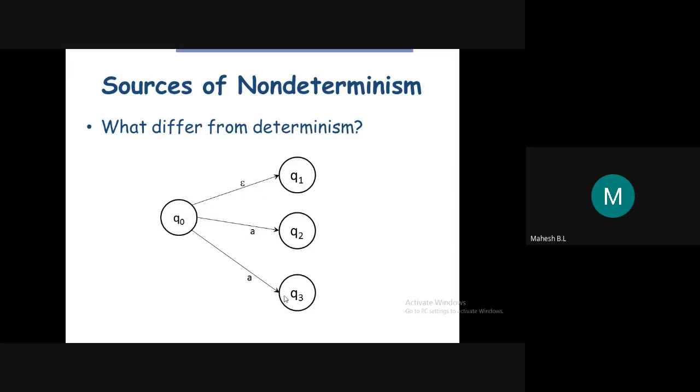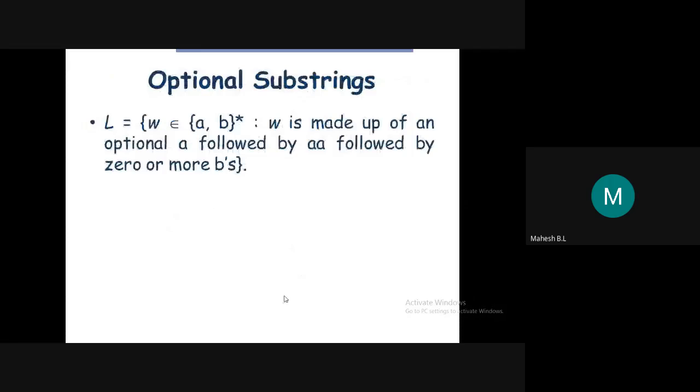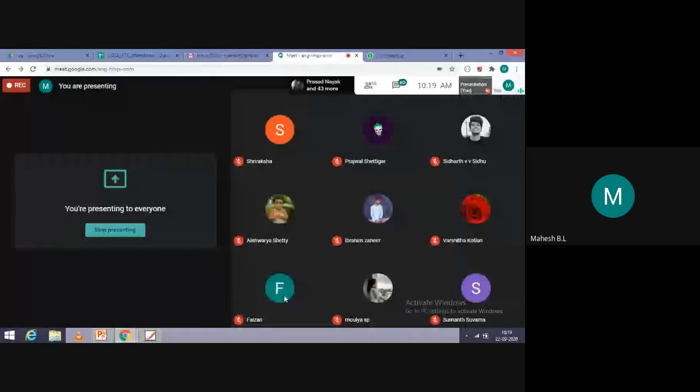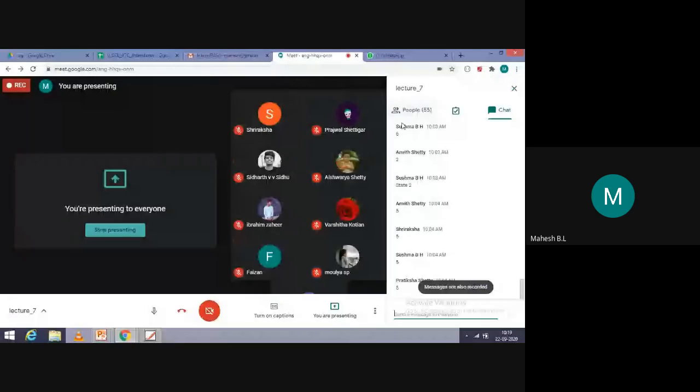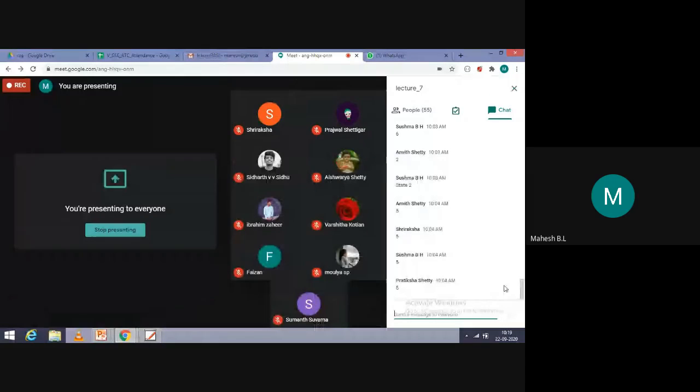Okay, I hope all of you understood what this non-determinism is. Any doubts? Understood what is non-determinism? Any doubts in this? Yes, please tell me.